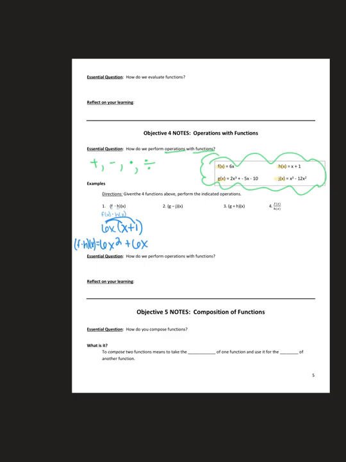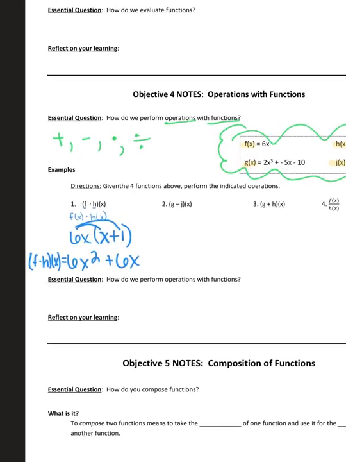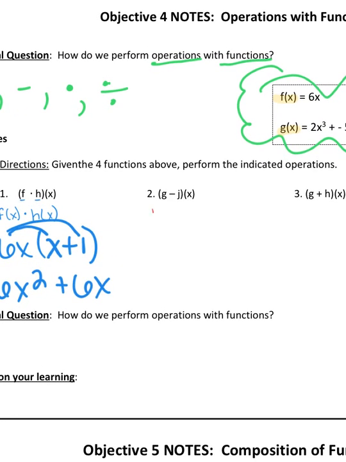And number two, this one asks us to subtract g minus j of x. And that is the same. You can rewrite that as g of x minus j of x. It means the same thing. Okay? So it's just another notation for subtracting g of x and j of x.